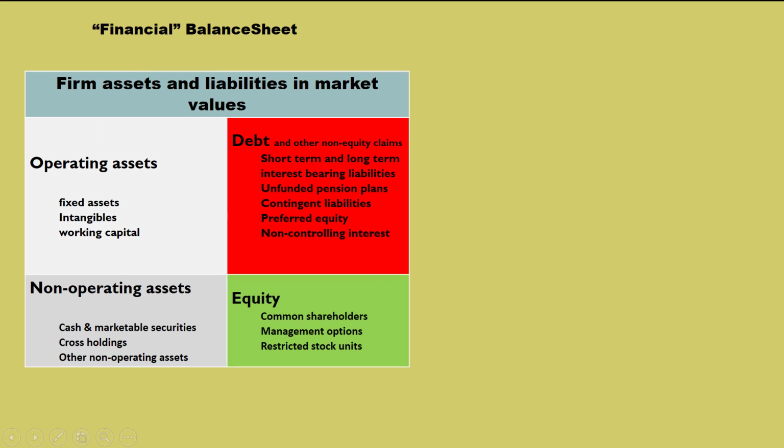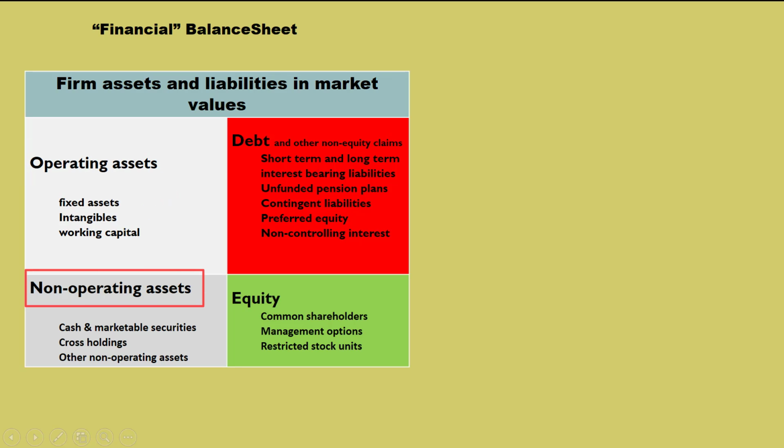From the financial standpoint, we can categorize firm assets in two sets: operating and non-operating assets. Operating assets include not only fixed assets, but also any intangible assets such as brand name, patents, etc., as well as the net working capital needed to operate those assets.